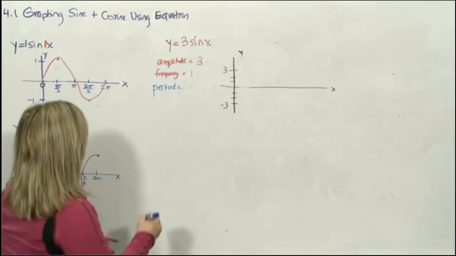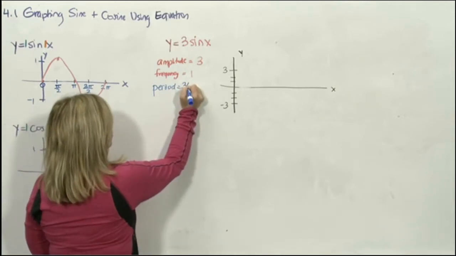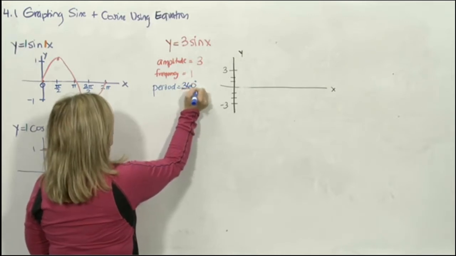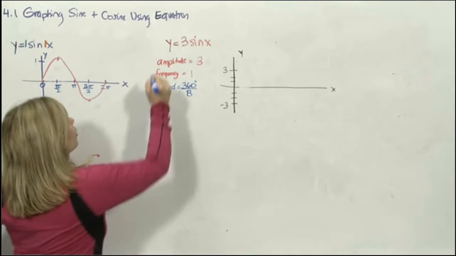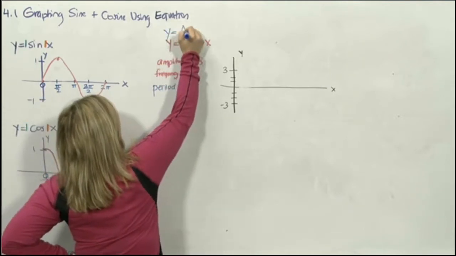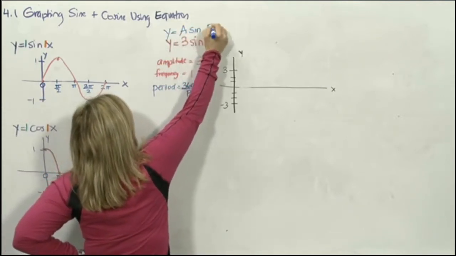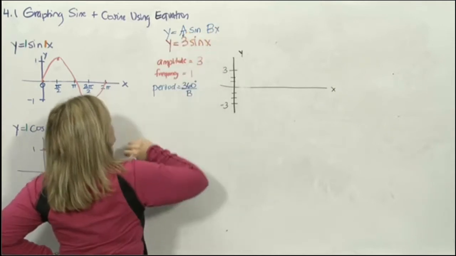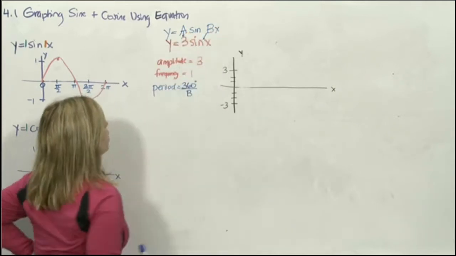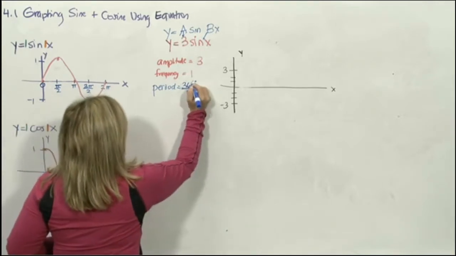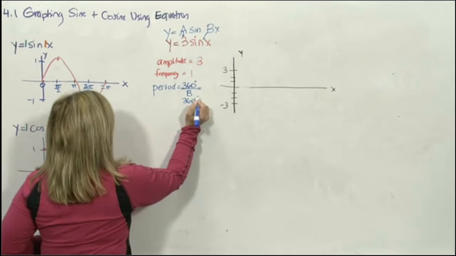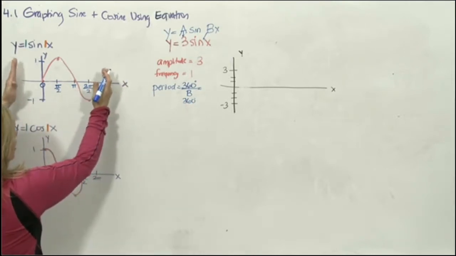So we have a formula. The formula for period is 360 degrees divided by your frequency, your B number. In your notes, this is written as y equals A sine BX. Our A is 3 and our B is 1. So that's why for the formula for period they use B. It takes 360 degrees to make a normal sine curve.